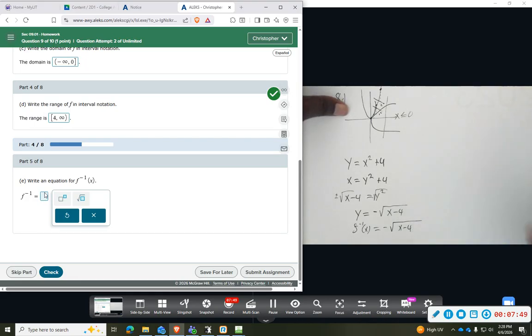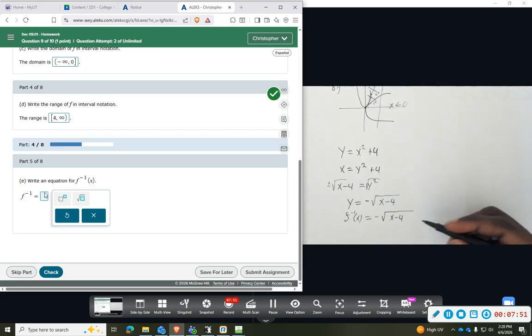Now, I'm pretty sure we're going to graph this, so let's talk about what this graph looks like. Square root, that minus 4 means it's going to shift right 4. 1, 2, 3, 4. And then we're going to get the negative values. So it's going to curve out like that.